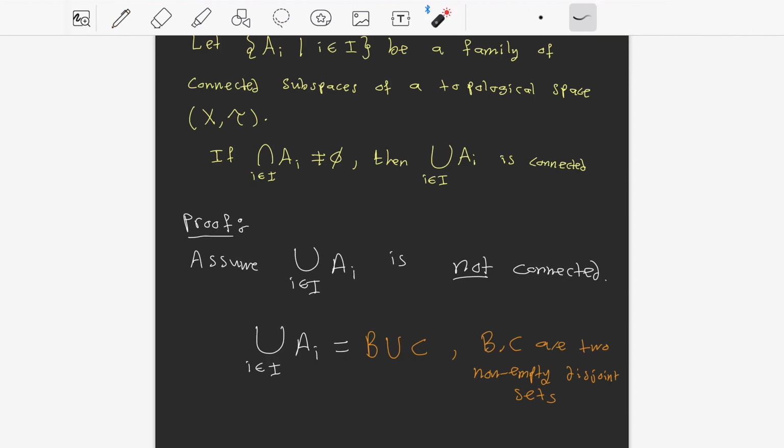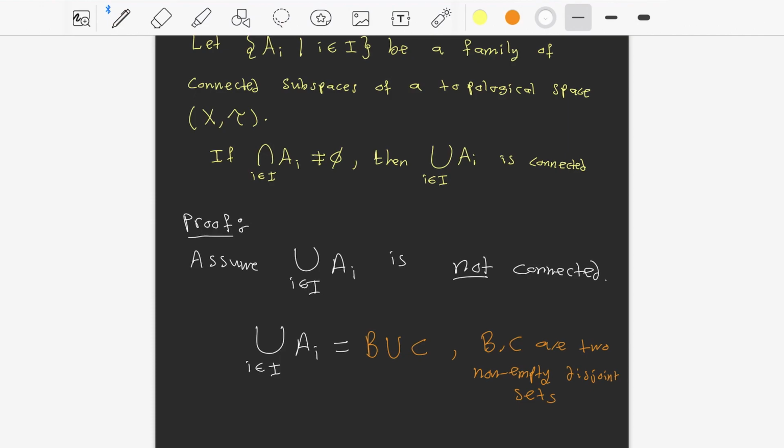If we take the union, they will give me the whole space that I'm considering. Also, because they are disjoint and their union is giving me the whole space, B is open and at the same time closed. Now we will use the condition that the intersection is not empty.